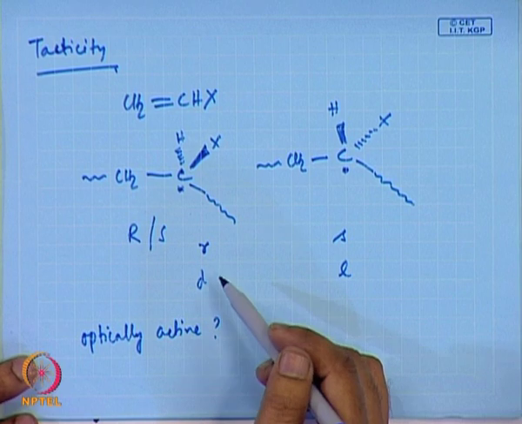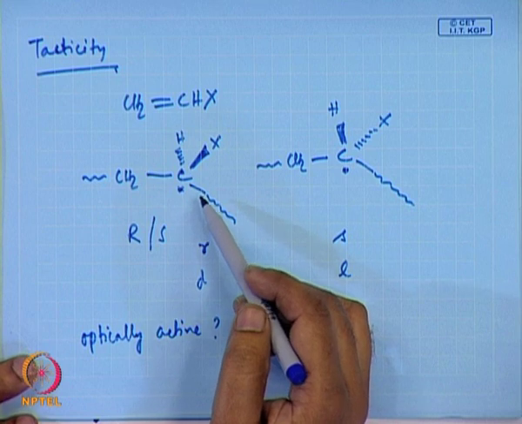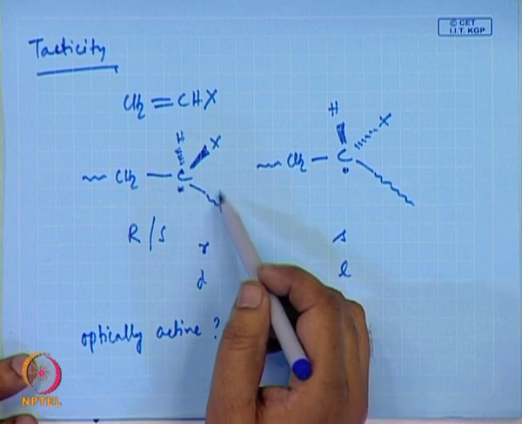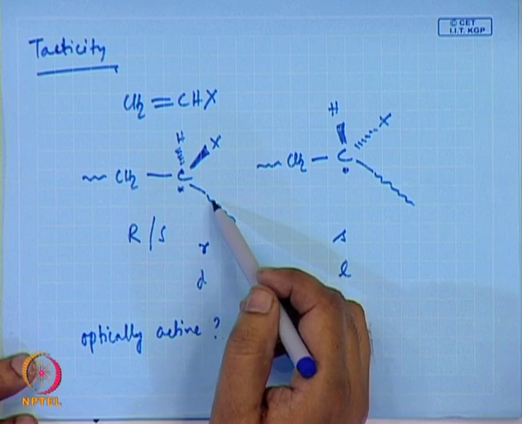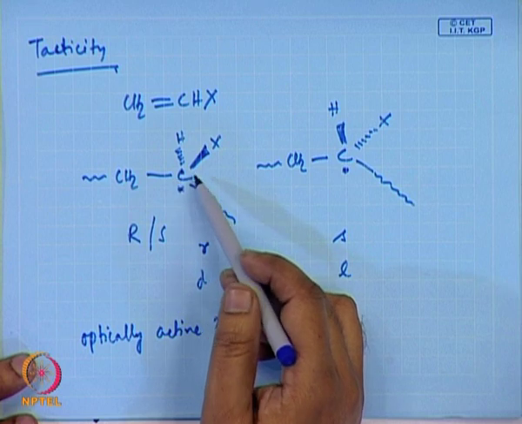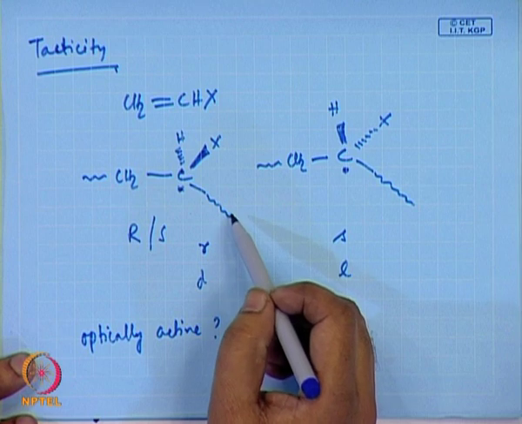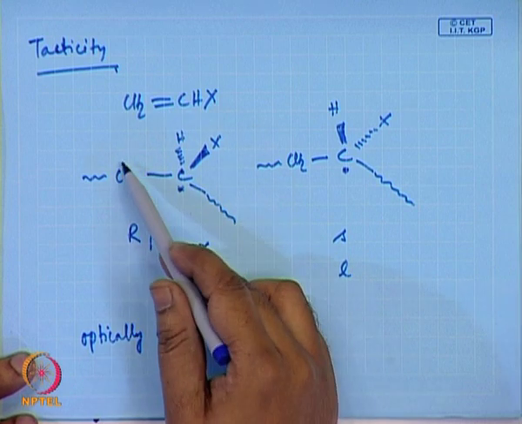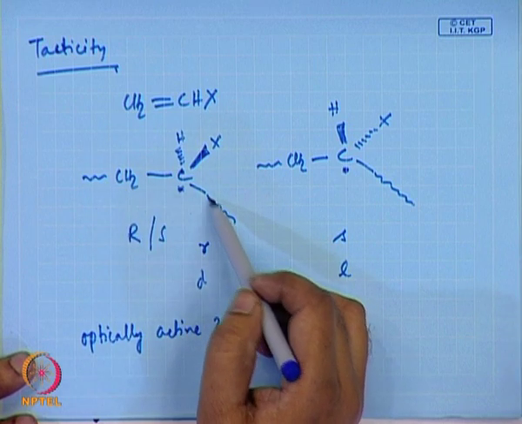Now, if you remember, optical activity is a very short range phenomenon, and it depends only on maybe the first one or two atoms or groups around this stereo center or asymmetric center. Now, in this case in a polymer there is hardly any difference between the first two groups or atoms in these two cases.